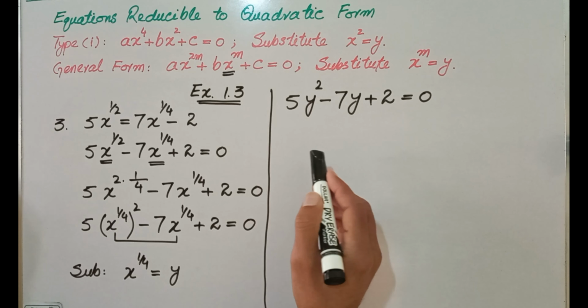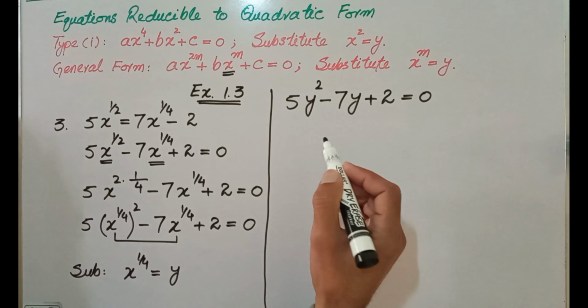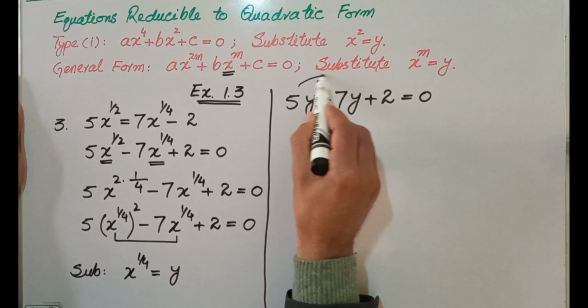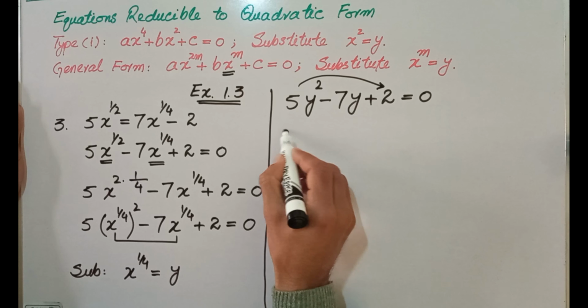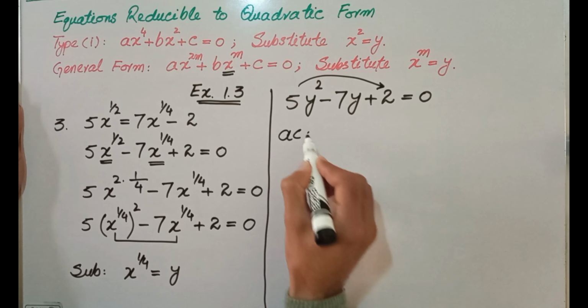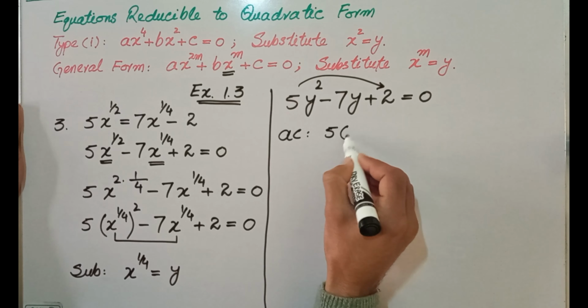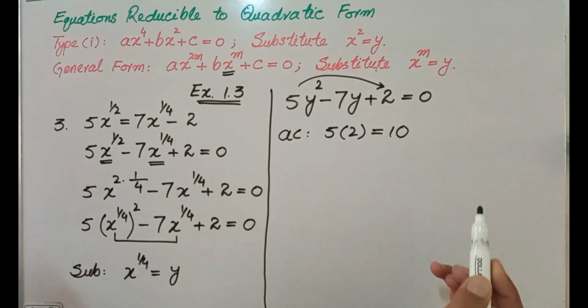In the last question, we used the quadratic formula. Now we'll use the factorization method. You know that in the factorization method, first we'll multiply a with c, that is AC. AC becomes 5 into 2, which is 10.